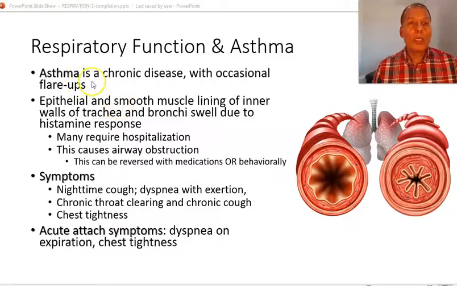So asthma is caused by inflammation of the linings, the epithelial linings of the airway, like the trachea and the bronchi.